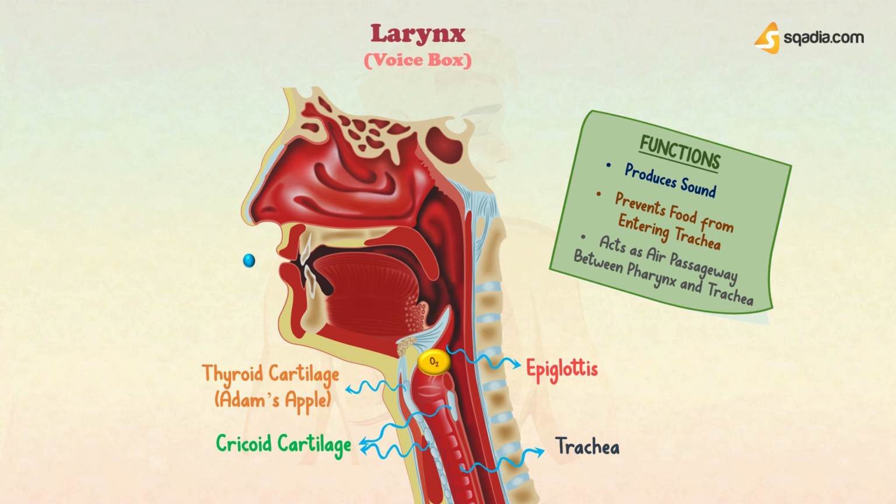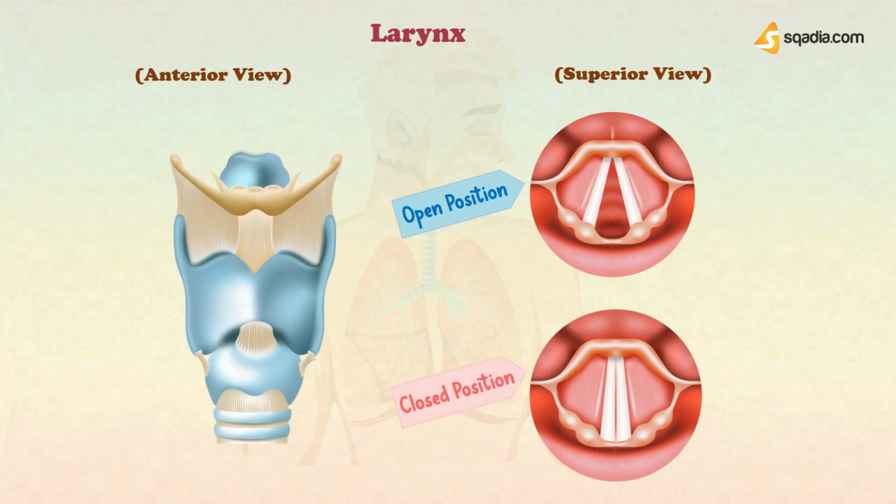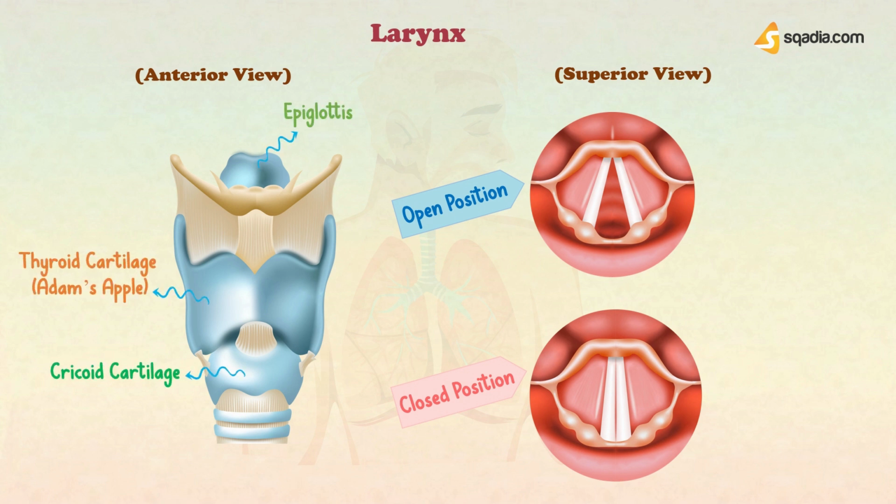Now, to observe some other structures in the larynx carefully, let's have a look at the anterior and superior view. Here, you can see the epiglottis, thyroid cartilage, and cricoid cartilage again. Now, the mucous membrane that lines the larynx forms two pairs of folds.